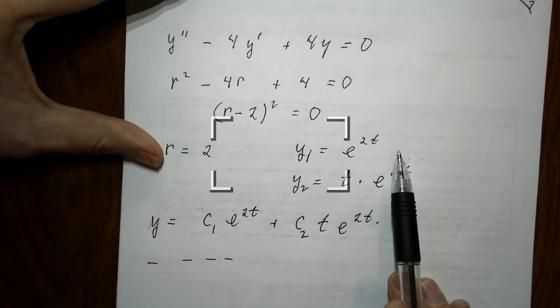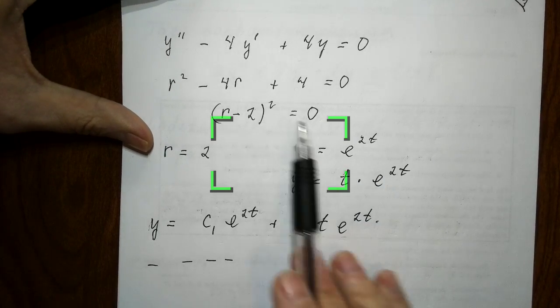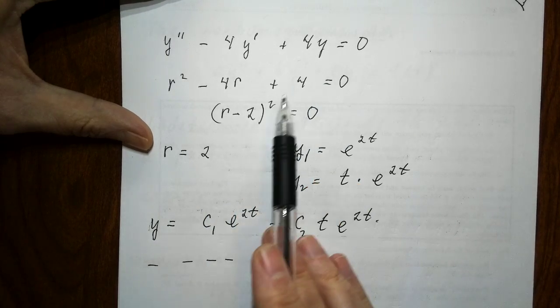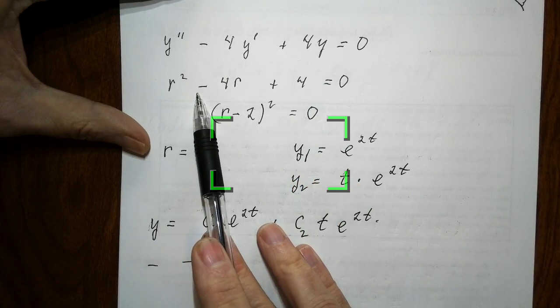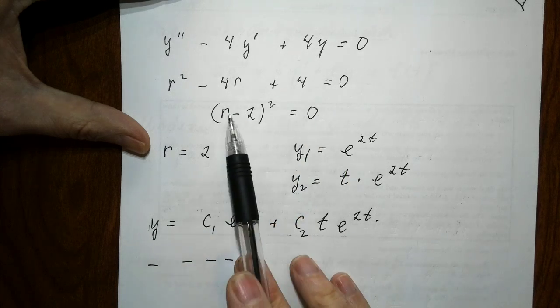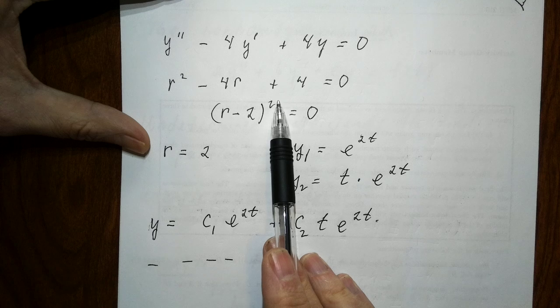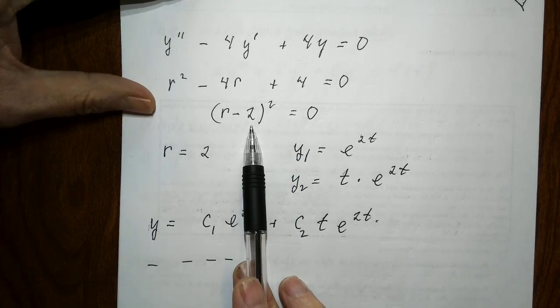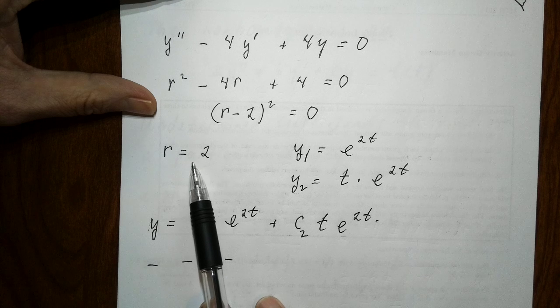Now let's suppose we have something a little bit different, y double prime minus 4y prime plus 4y equals 0. In this case, our characteristic polynomial is r squared minus 4r plus 4 equals 0. This factors as r minus 2 quantity squared equals 0. So in this case, we have a repeated real root. r1 and r2 are the same.